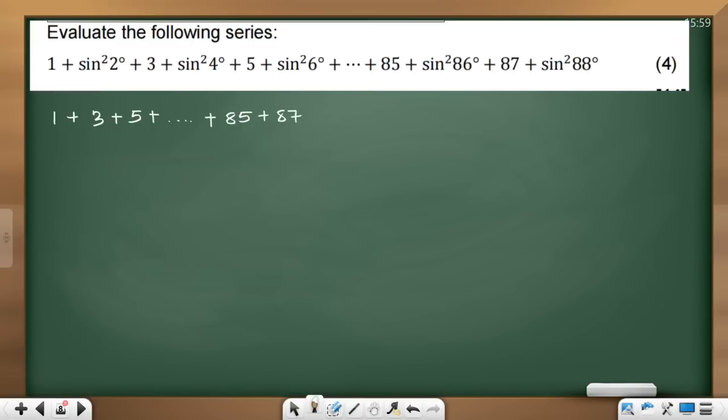Do you notice that? And then we have what? Sine squared 2. So the even ones are trigs. It's maths. Somebody saying, but this is paper 1. No, it is maths.